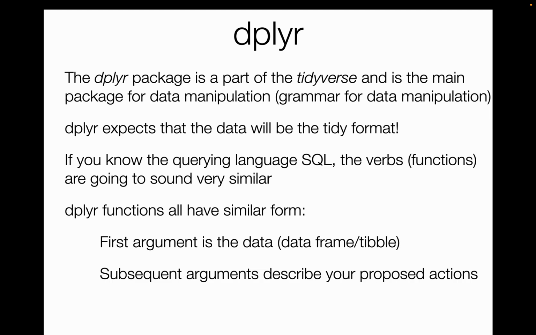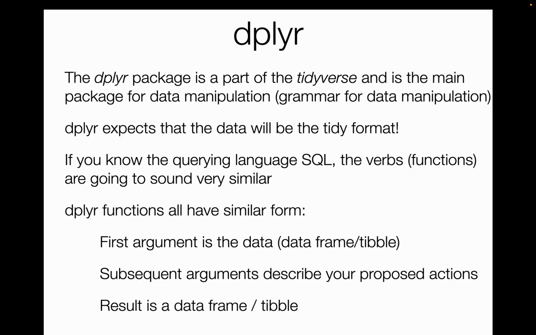So for any dplyr function, the first argument is the data, which has to be a data frame or tibble. Okay, we're always going to work with data frames and tibbles. Other things which you've learned, like vectors, lists, so on and so forth, we need data frames or tibbles here. And then the subsequent arguments describe your actions. So it's always data and then actions as the arguments of any dplyr function.